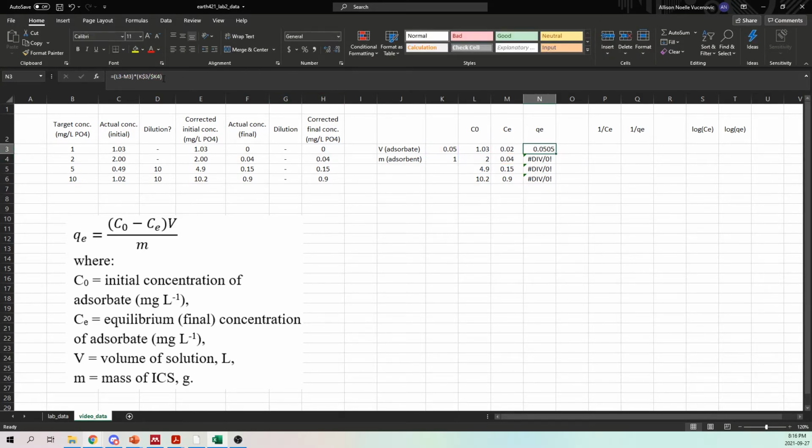Oh, shoot. There we go. So if you guys notice, I did change this CE value from 0 to 0.02.